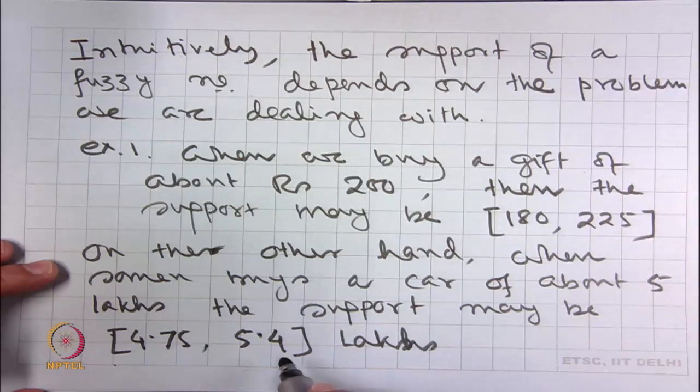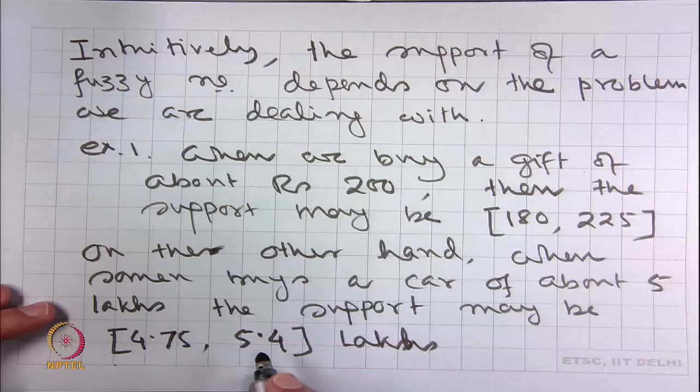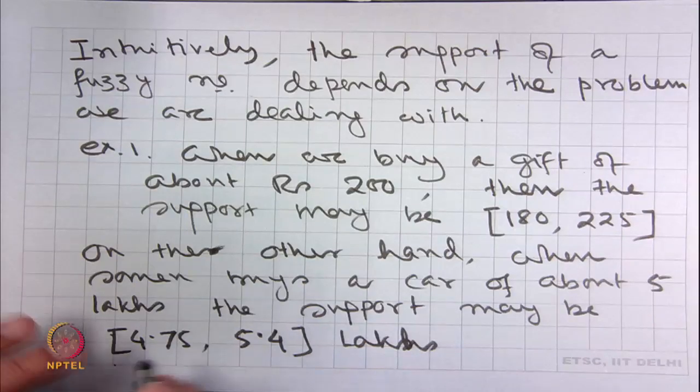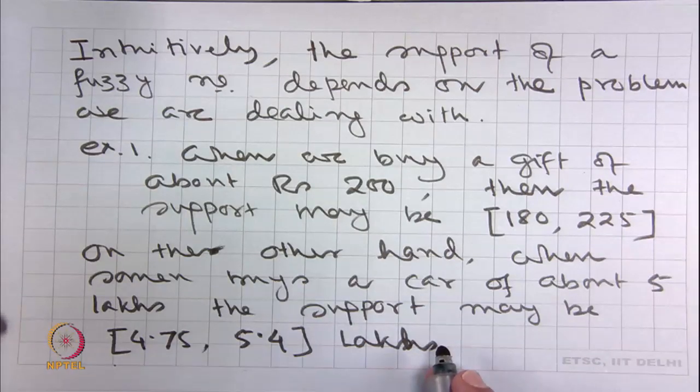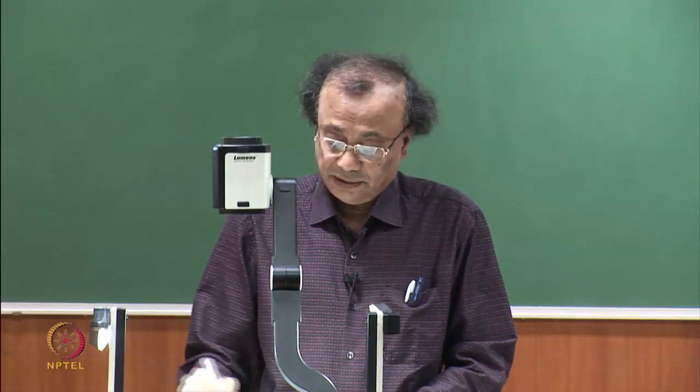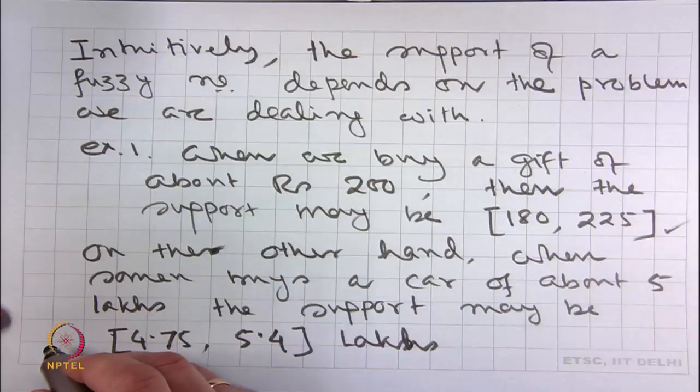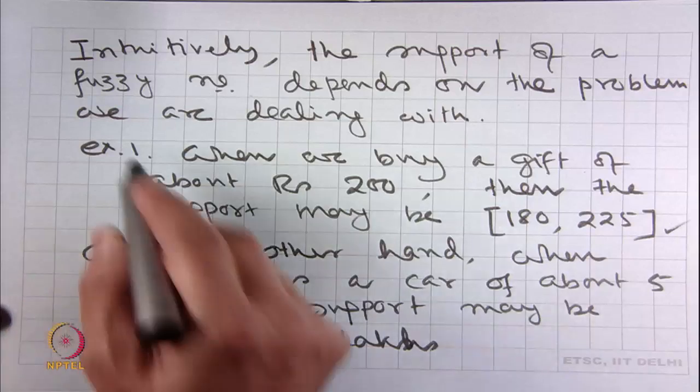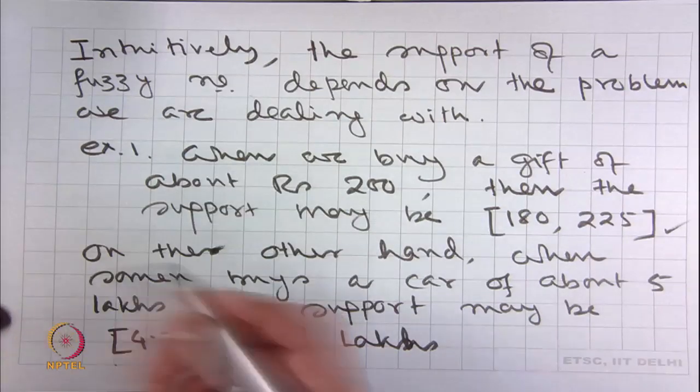So, the fuzzy set, if you look at in real values, has a much wider support than the one that we discussed with respect to example 1.